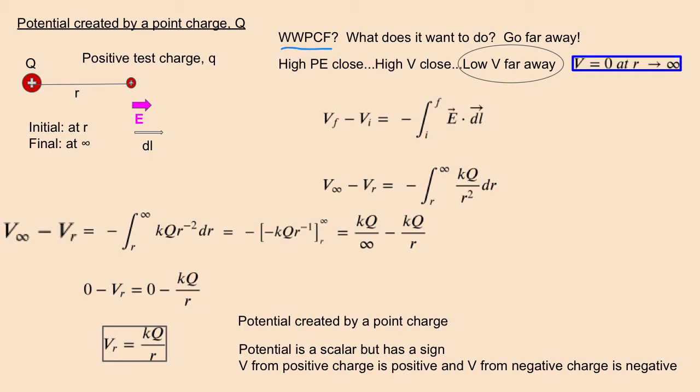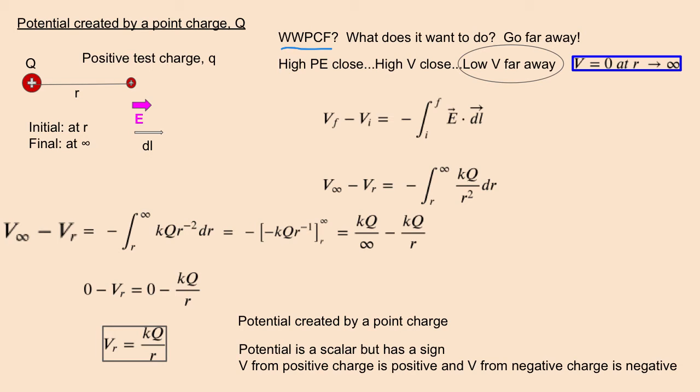If I put this little positive test charge near this Q, and it's a distance r away, it feels that electric field from the Q, and it makes it want to go far away. It experiences a force away from it, so it's going to accelerate away.